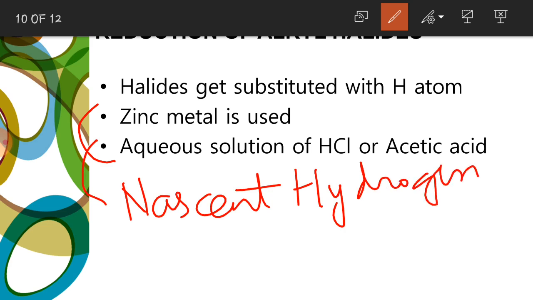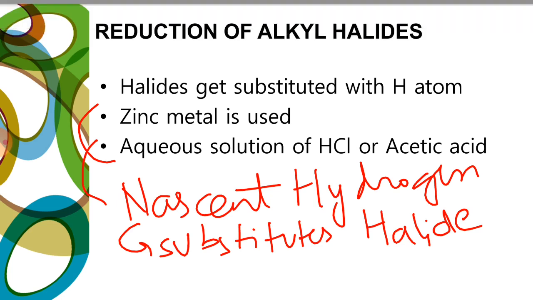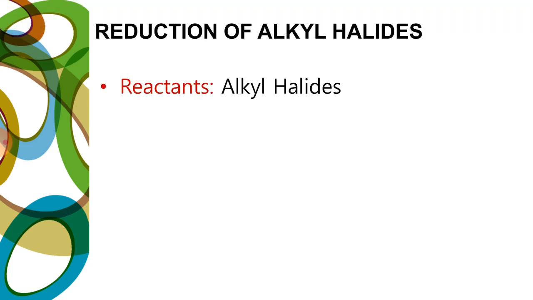And what this nascent hydrogen does is substitute, or you may say replace, the halides in an alkyl halide. So in the reduction of alkyl halides, the reactants used are alkyl halides, and the product that we get at the end of the reaction is an alkane.